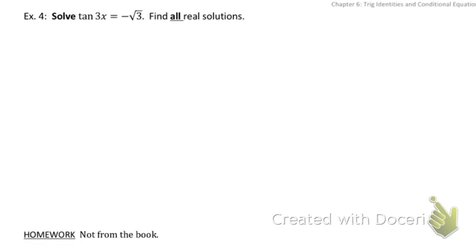What I want you to do when you look at a problem that is a double angle or a triple angle that you're actually supposed to find all the solutions for, is pick a new term. So I'm going to let alpha equal 3x. And I'm going to look at this as being tangent of alpha equals negative square root of 3.